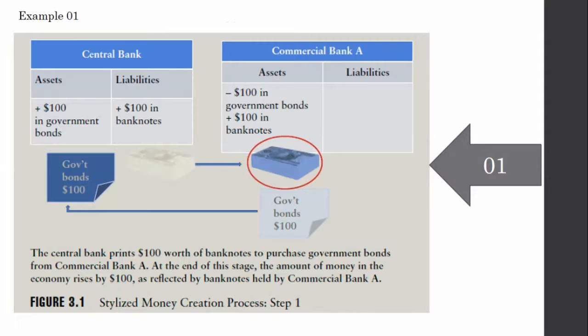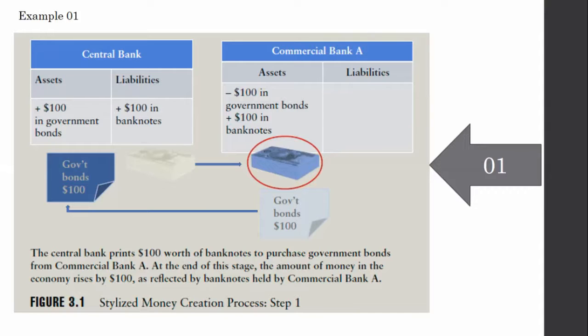Let's assume that initially the central bank prints new bank notes worth $100 and issues them into the system. This newly issued money is a liability for the central bank. Why? Because it's a claim on the central bank.